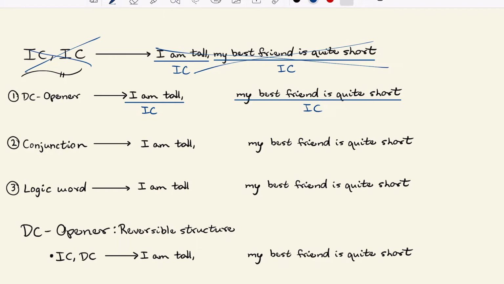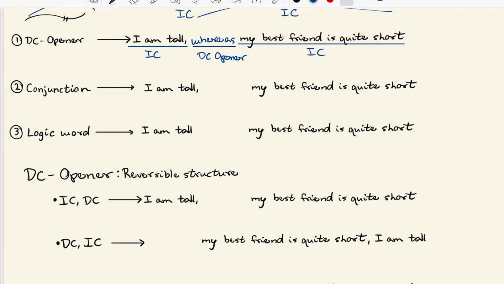And we can join this with, for example, whereas, which is a DC opener. Now the sentence is, I am tall, whereas my best friend is quite short, which is grammatically correct.